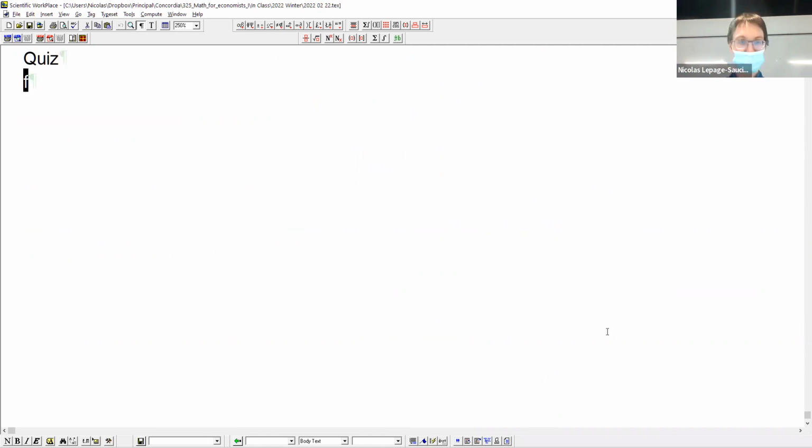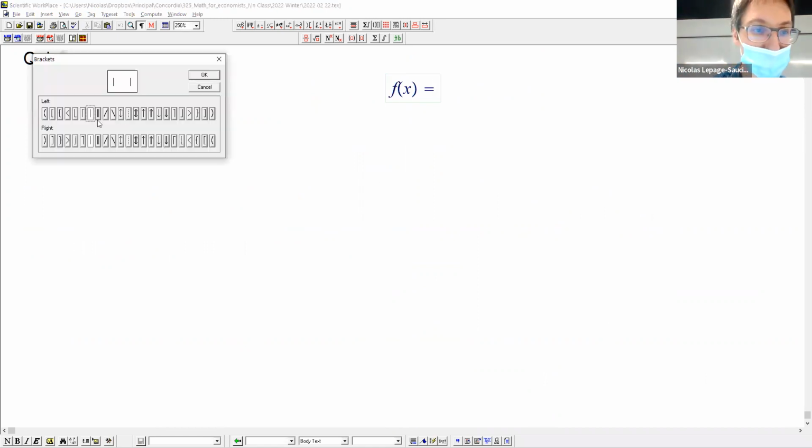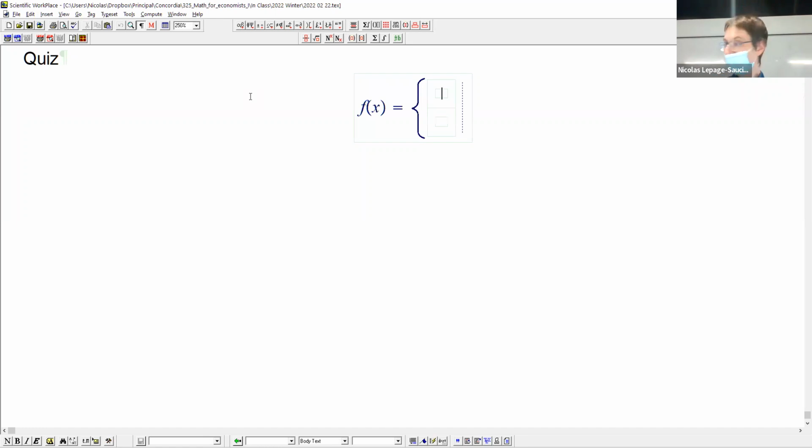So f of x equals x when x is smaller than 1 and x squared when x is greater or equal to 1.